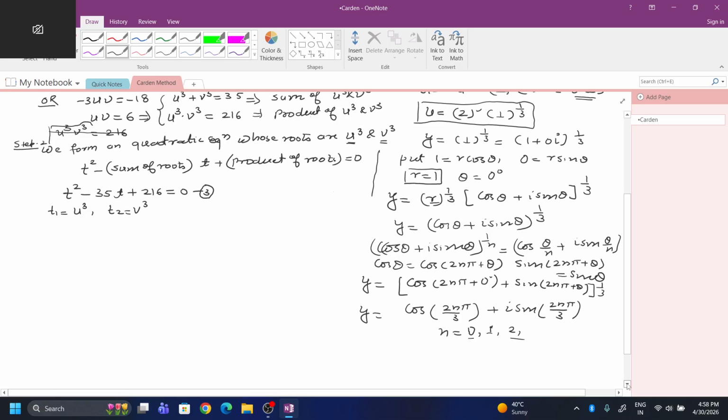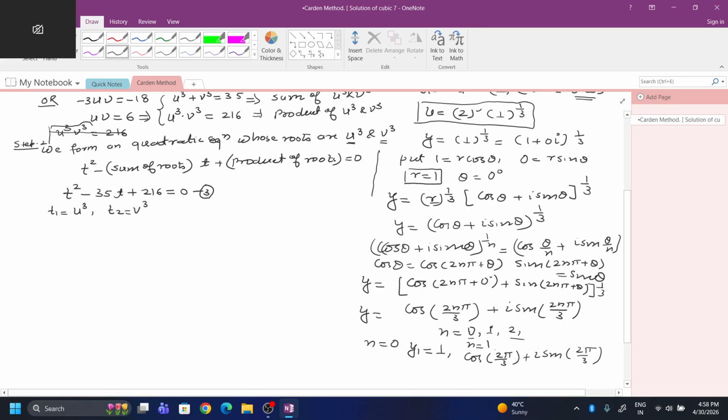Now we put n equal to 0 here. Then we get the first root y1, which is cos 0, and cos 0 is 1. If we put n equal to 1, then we get cos 2 pi by 3 plus i sin 2 pi by 3.